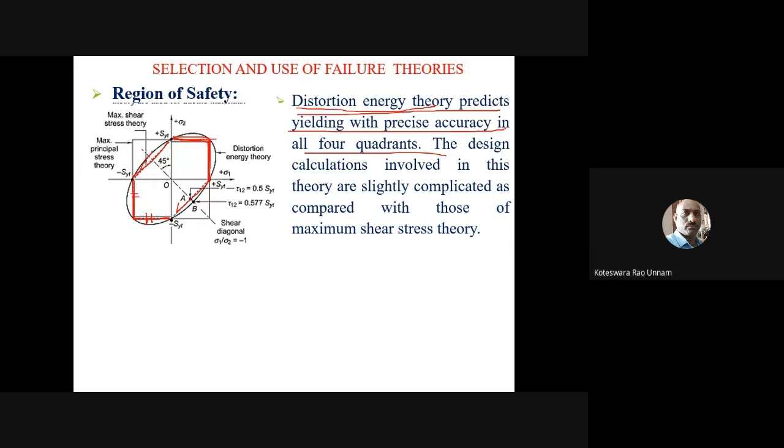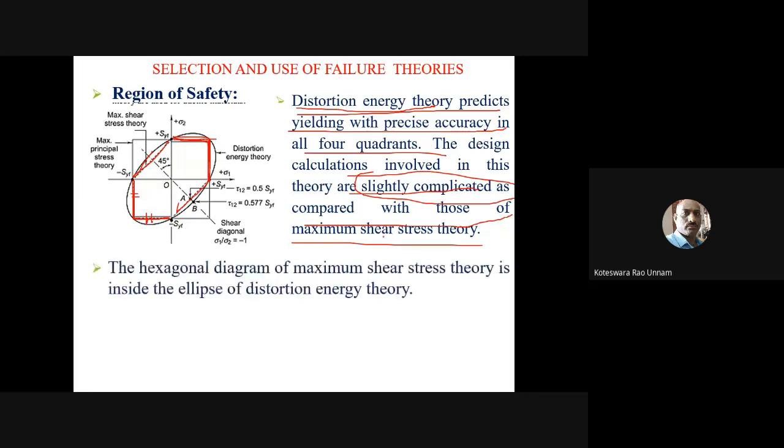The design calculations involved in this theory are slightly complicated compared to those of the maximum shear stress theory. That's what I already told. Here the equations are somewhat complex when compared to the maximum shear stress theory. The hexagonal diagram of the maximum shear stress theory is inside the ellipse of the distortion energy theory. Clearly you can see that.